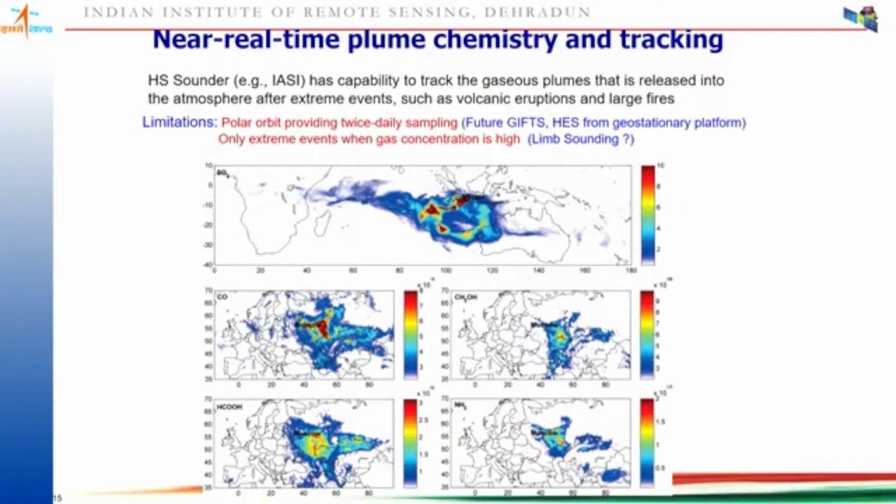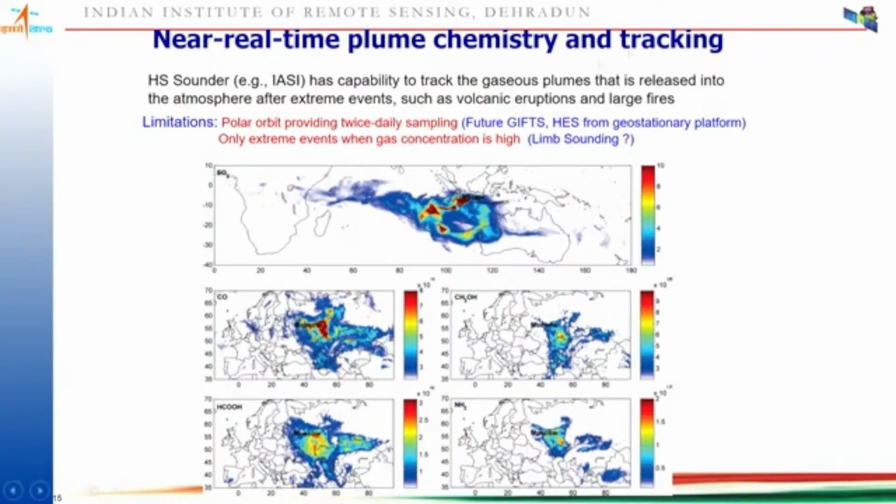All this goes into the modeling, and then we can predict the track of the pollution from one place to another. These hyperspectral observations have improved medium range forecasting, the weather forecasting system, and provide a very important input in climate monitoring.